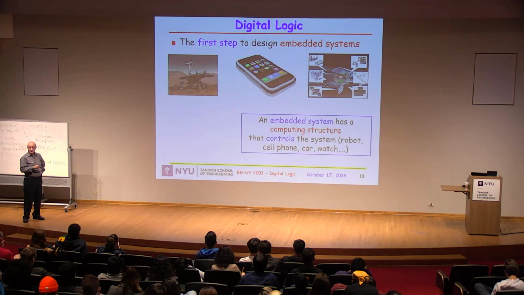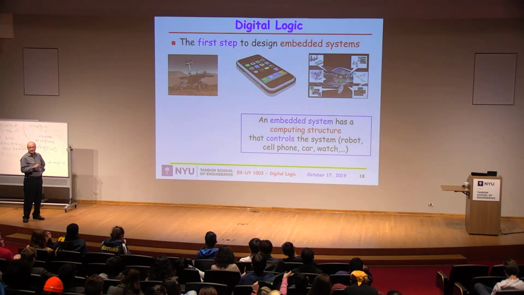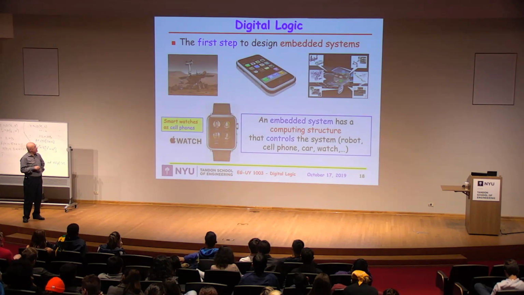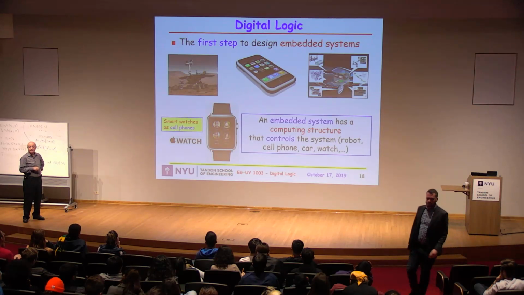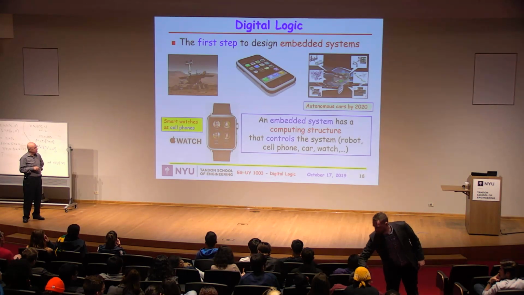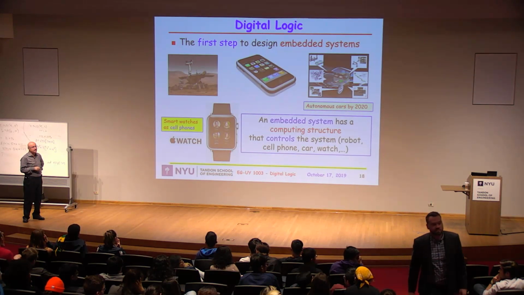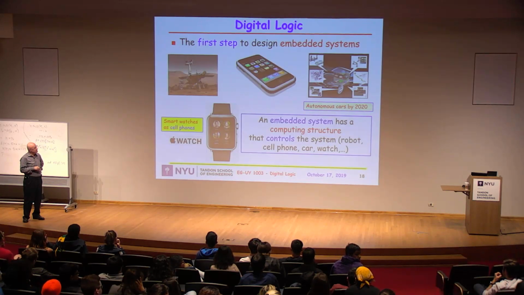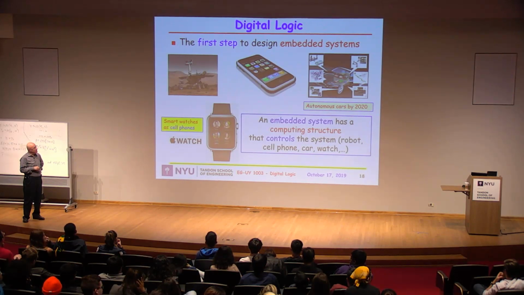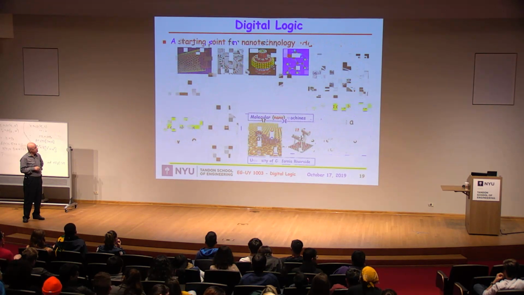Your cell phone has 4, 5, 6, 7, 8 cores, and your robot is useless without a controller, and that controller is a tiny computer with a board on. So these are all possible with digital logic. Smart watches, yes, and autonomous cars. Soon we will be working on these, and they will be all around us. Maybe it will be better for us with autonomous cars.